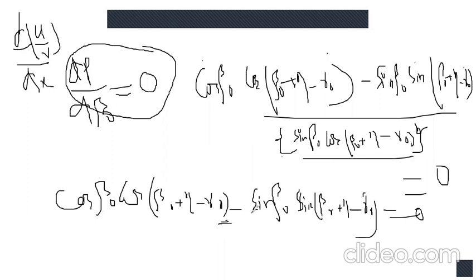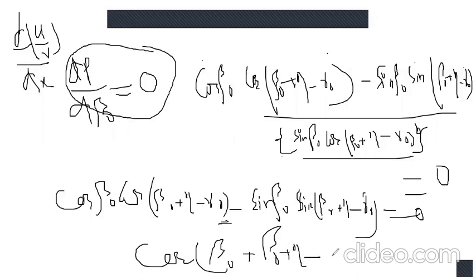This is the cos A plus B form. So cos A cos B minus sin A sin B equals cos of A plus B. Cos A means beta 0 and cos B means beta plus eta minus gamma 0, equals 0.